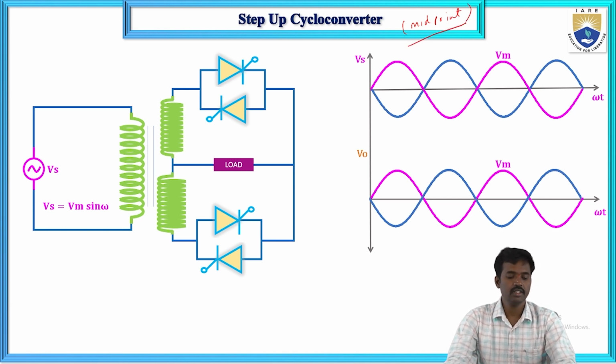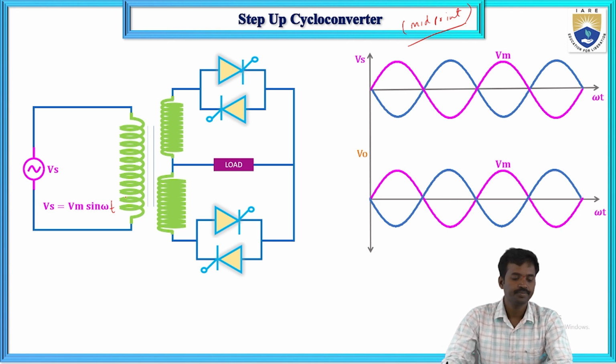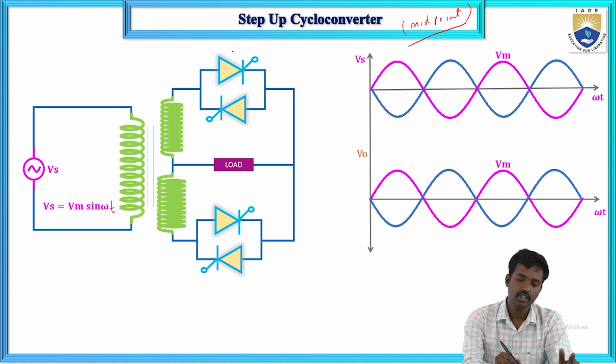This is the circuit diagram of the step up cycloconverter with midpoint conversion. It consists of a total of four thyristors: T1, T2, T3 and T4.